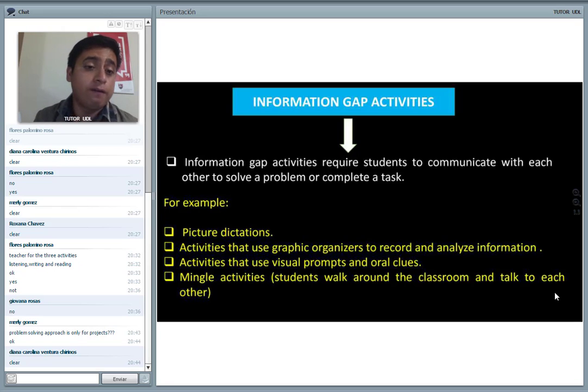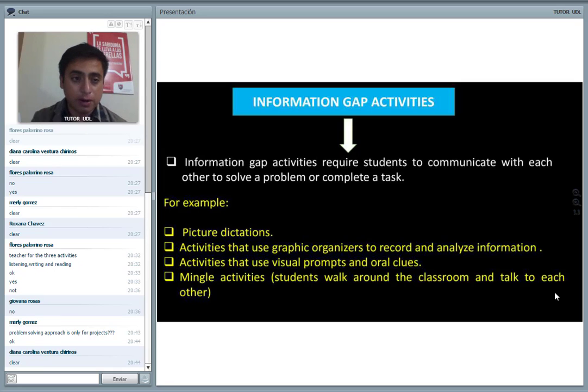Another kind of information activity is called Mingle Activities. What does Mingle Activities mean? You use this kind of activity when students start walking around the classroom and talking to each other. In that case, the name of the activity is Mingle Activity.